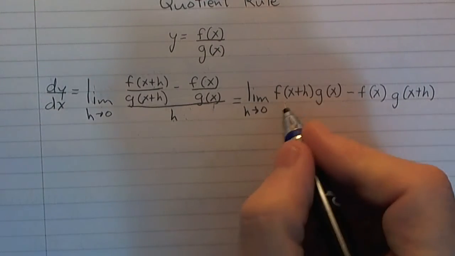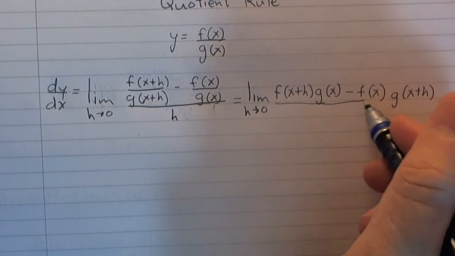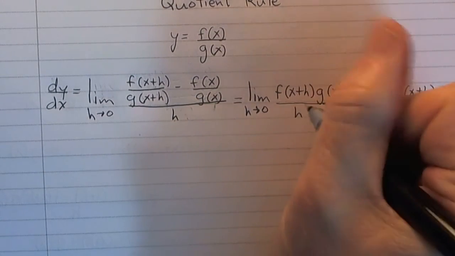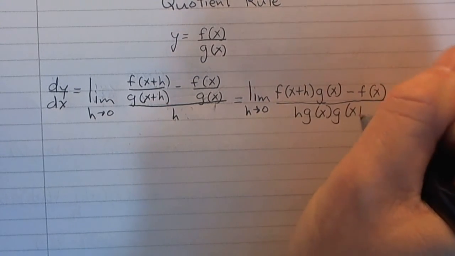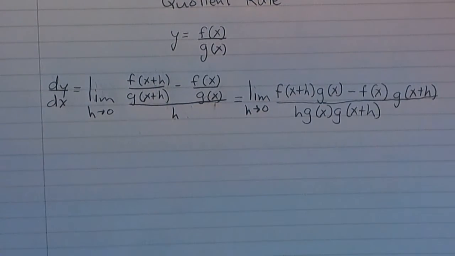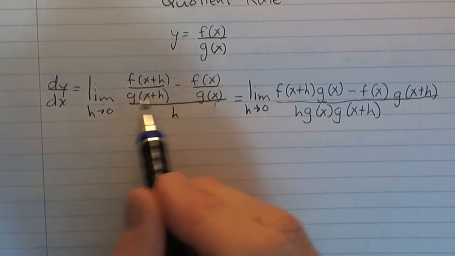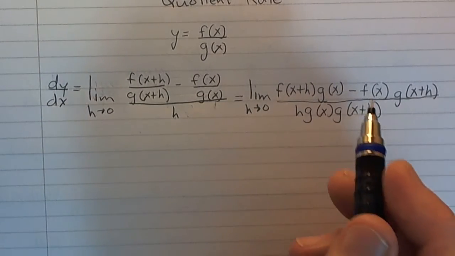Down here, nothing canceled at all, so I've got h times g of x plus h. I just cleared the denominators, a standard multiplying through by the least common denominator.